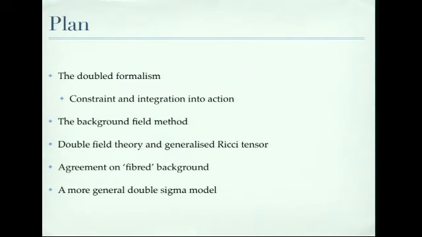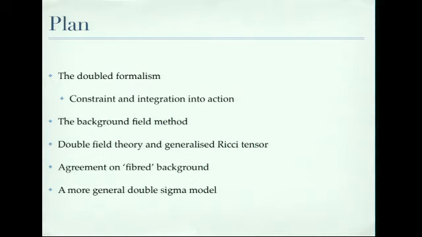So here's the vague outline. So start by talking about the double formalism, which is going to be an example of one of these doubled sigma models. Talk about the constraint, which is in some sense the price we pay in this situation for doubling the coordinates, and how we can integrate this constraint into the action. And then talk about the background field method, which is how we normally obtain the beta function for the string sigma model.